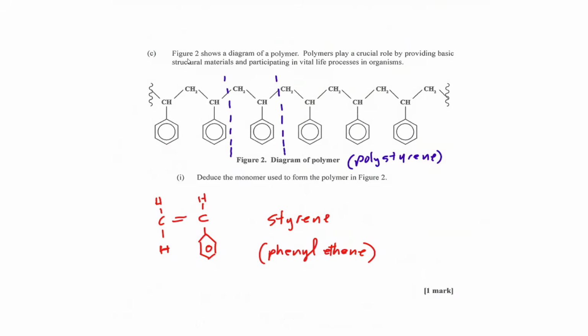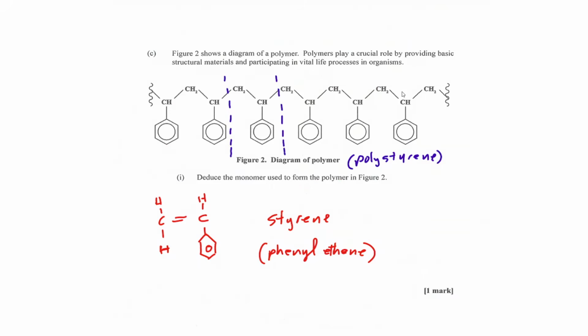Part C. Figure 2 shows a diagram of a polymer. Polymers play a crucial role by providing basic structural materials and participating in vital life processes in organisms. So here we see our structure, and these are our repeating units. You can see them right here, repeating units.